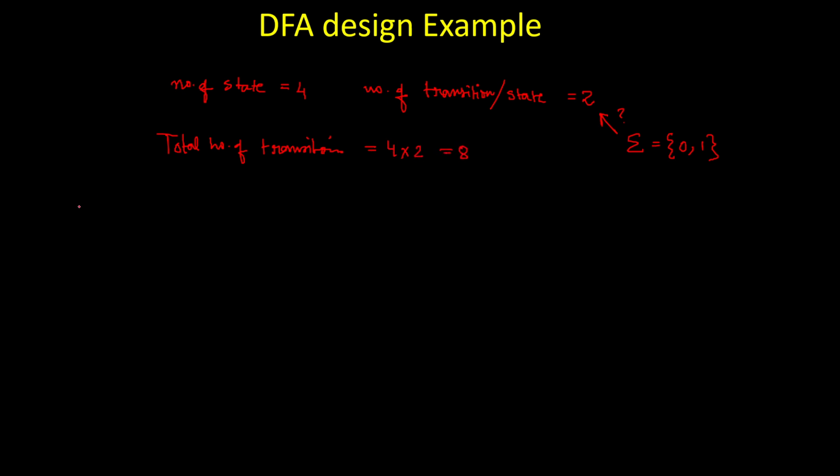Something like delta of, if you are in Q0, if you get a 0, then what will happen? If you are in Q0, if you get a 1, then what will happen? Similarly, if you are in Q1 and you get 0, what will happen? And if you are in Q1 and you get a 1, what will happen?